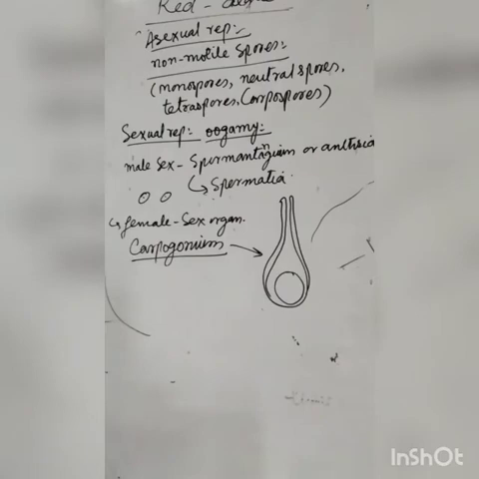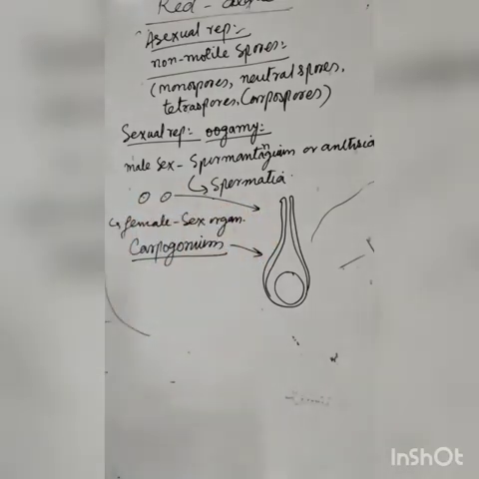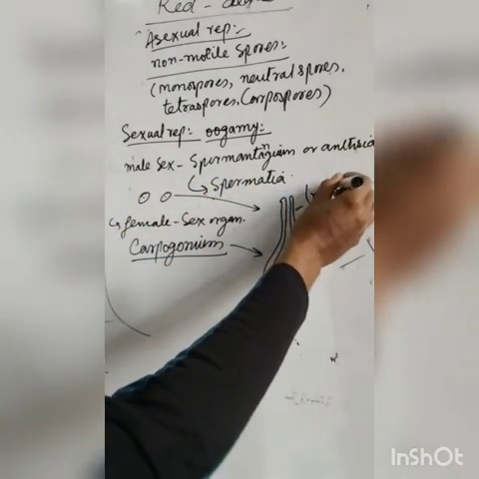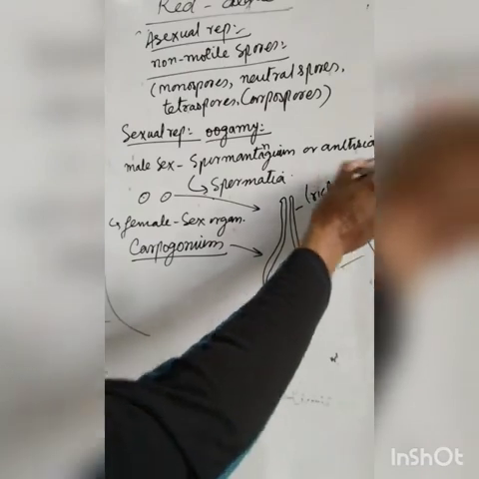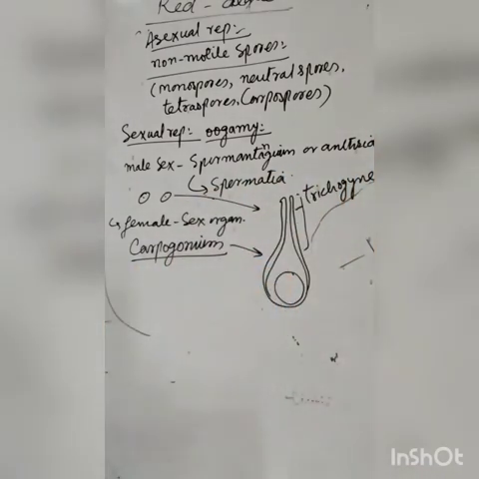And spermatia जो है, these male gametes, they are taken by water currents to the receptive part, और इसको बोलते हैं हम trichogyne, and they bring about the fertilization.